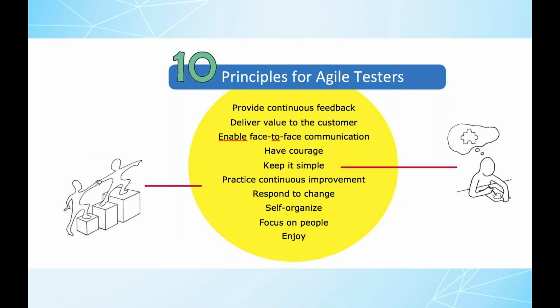So let's start with the 10 principles for agile testers. In our first book, Agile Testing, we introduced these principles, and at the time, more than 10 years ago, most testers were still part of a siloed testing team, working in a more phased and gated environment where testing was a phase at the end of development.